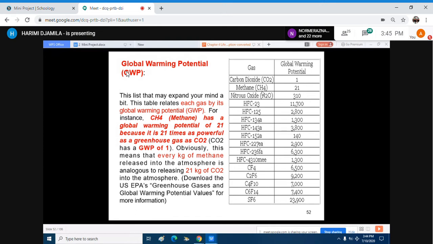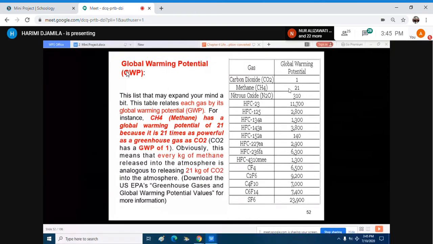Methane affects global warming 21 times compared to carbon dioxide. It means the effect is 21 times higher than carbon dioxide. Given that the unit of measurement is carbon dioxide, we always provide the equivalent of it. We use the term global warming potential.